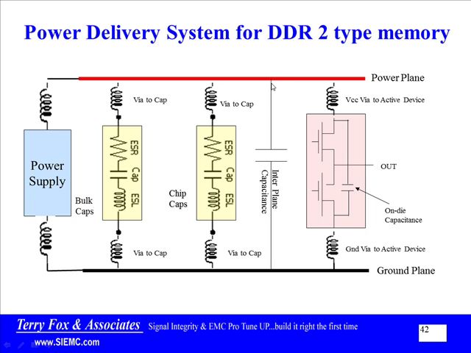So the next thing that we look at is the interplane capacitance. That is that if I've got a power plane in parallel with a ground plane, there is capacitance between those two planes. Now, you'll notice that in all of these devices, I showed that there was mounting inductance. And when I show the interplane capacitance, there is indeed some inductance, but it is so much lower than the inductance of even a chip capacitor that it would be misleading for me to show the inductance in this interplane capacitance.